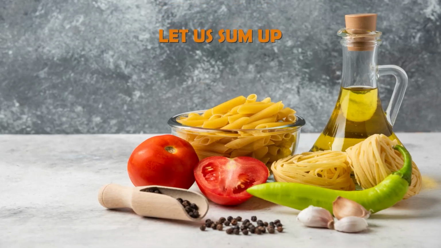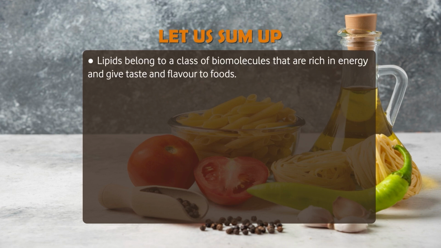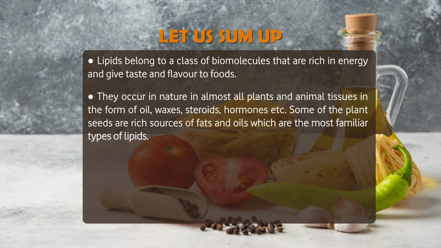Now, let us sum up what we have learned till now. Lipids belong to a class of biomolecules that are rich in energy and give taste and flavor to foods. They occur in nature in almost all plant and animal tissues in the form of oils, waxes, steroids, hormones. Some of the plant seeds are rich sources of fats and oils, which are the most familiar type of lipids.